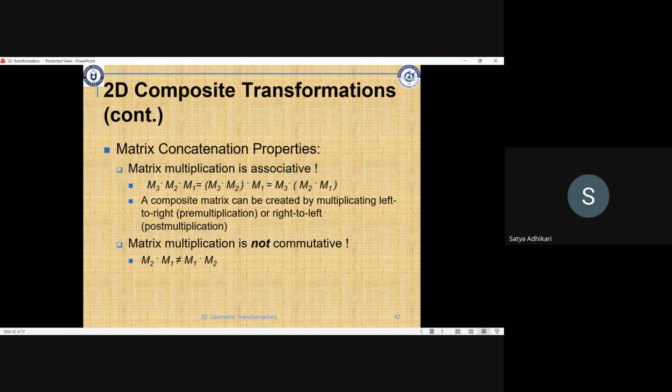If three matrices M3, M2, M1 can be multiplied, then if we multiply first two and then multiply the resultant matrix with the third, you will get the same result. So a composite matrix can be created by multiplying left to right, pre-multiplication, or right to left, post-multiplication. You will get the same result. Matrix multiplication is associative, but it is not commutative.